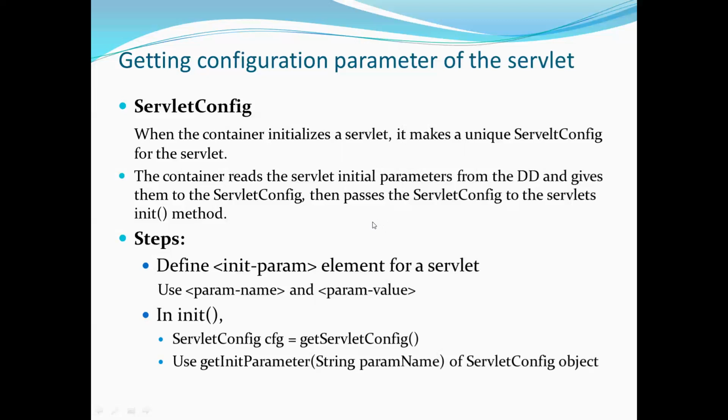And we know that the init method gets executed only once in the whole life cycle of the servlet. We have already seen the life cycle of the servlet: init, service, and then destroy.